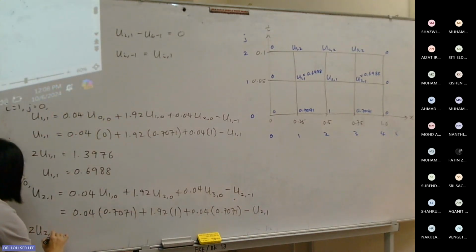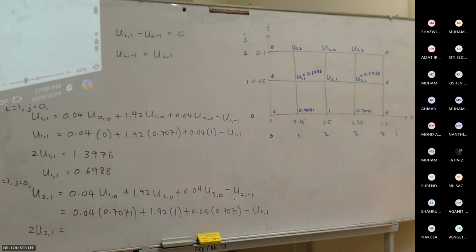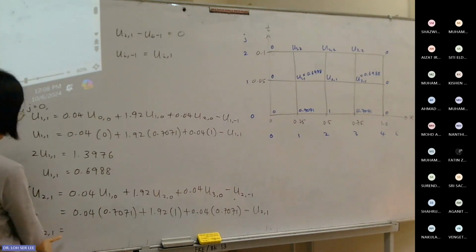So combine. So what is the value before divided by 2?